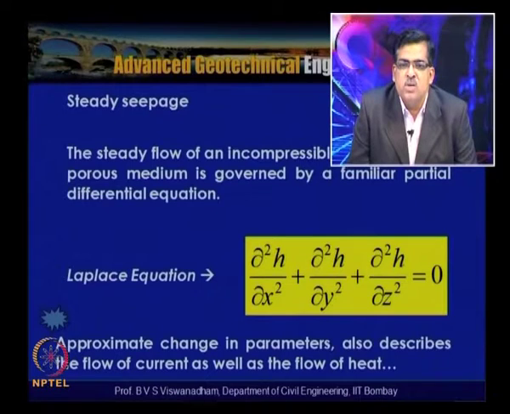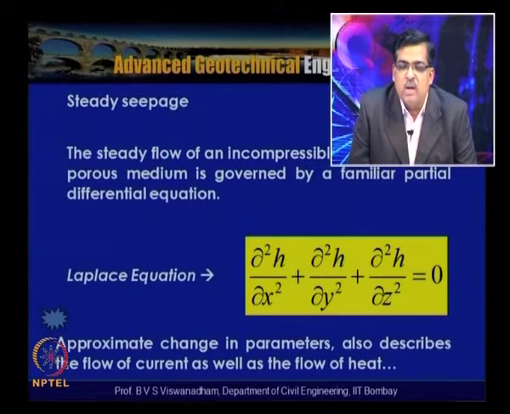In that case, ∂²h/∂x² + ∂²h/∂y² = 0, that is for the 2D seepage condition. If we have only one dimensional flow, like in a constant head permeameter for example, then we have ∂²h/∂x² = 0.